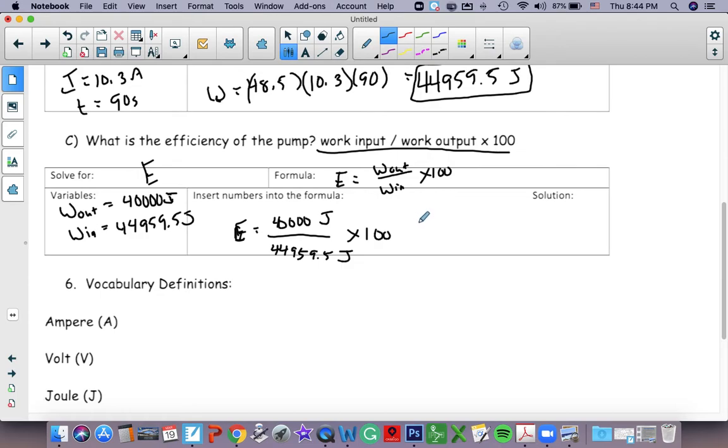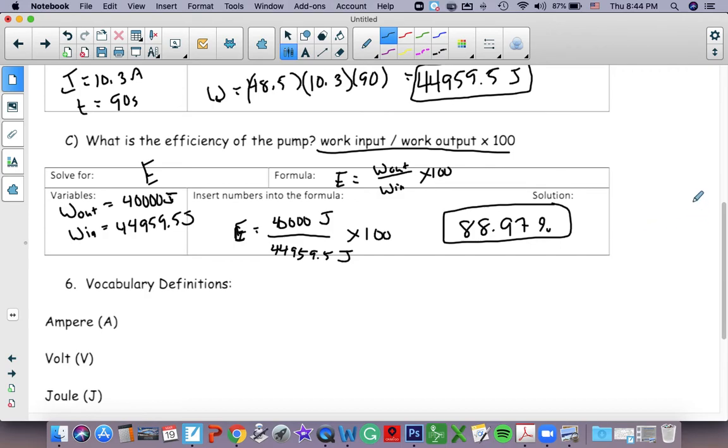Put that in your calculator, see what you get for that one. So 40,000 divided by 44,959.5 times 100, and you get 88.97. We want to round to the hundredth place, so 88.97%. That would be the efficiency of our pump.